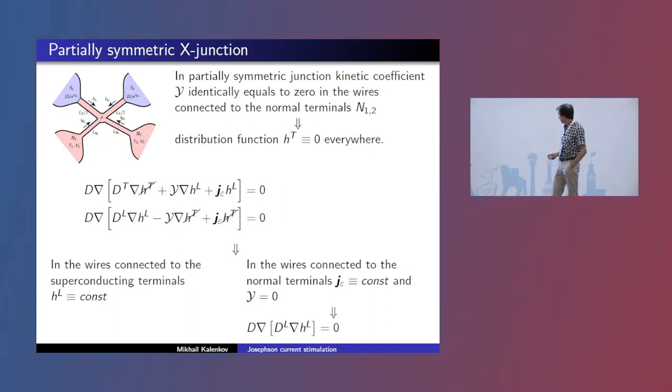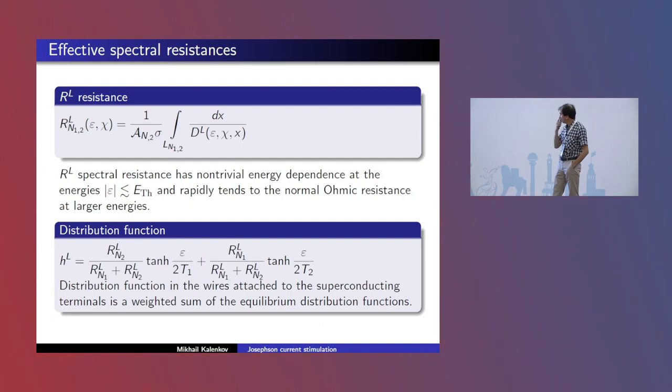Of course, it can be easily solved in the quasi-one-dimensional geometry, and the result is the following. It's convenient to introduce two parameters in this system. I called them spectral resistance.